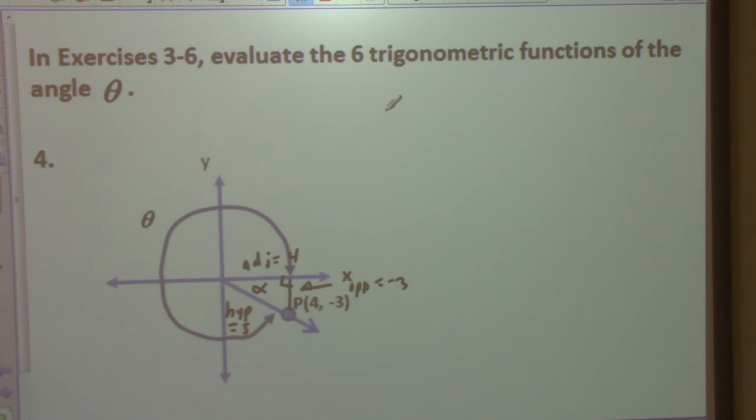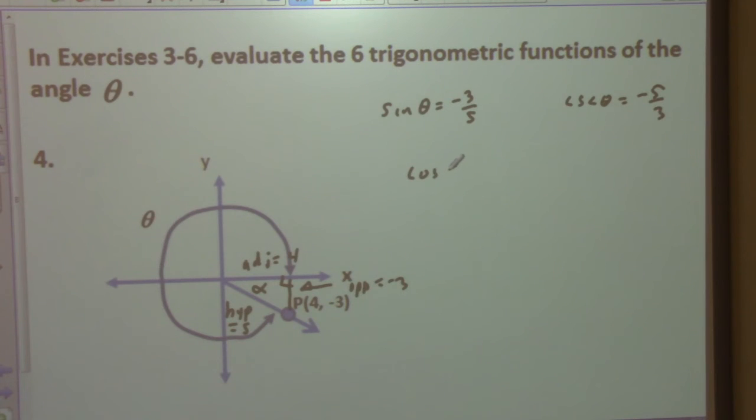And so what are the things? What is our sine theta? Negative 3 over 5. Negative 3/5, okay. And cosecant, negative 5/3, is that right?